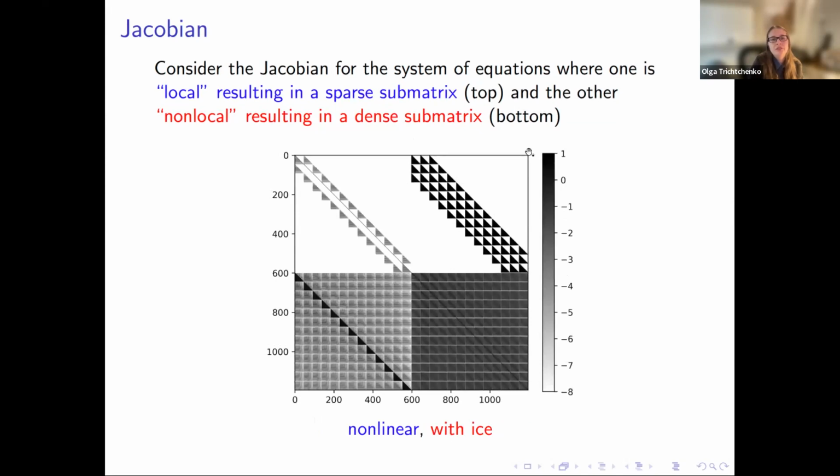And then if you're looking at the Jacobian for the nonlinear problem, once you know what your solution looks like, you can write down the Jacobian, and you start to see that you have more terms filling in the bottom left. But that scale represents the order of magnitude of the terms. The darker the terms, the larger in order of magnitude they are, and the lighter they are, the smaller they are. So this filling in of the Jacobian is by smaller magnitude terms.